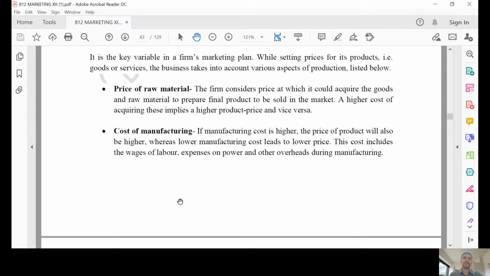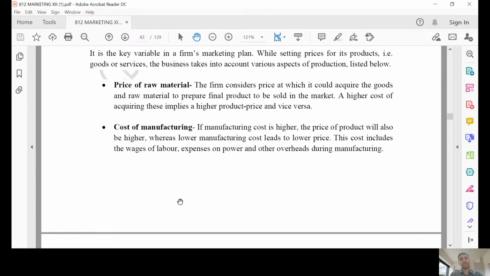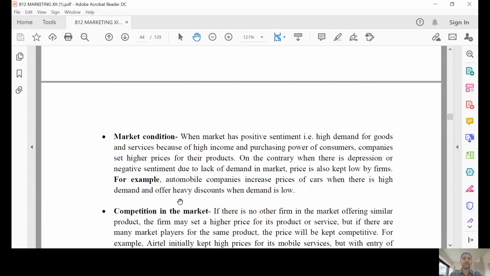Many companies are now manufacturing in China. The main purpose of manufacturing in China is to reduce the cost of manufacturing and thereby reduce the selling price of the product.